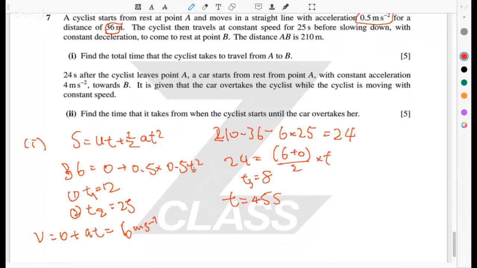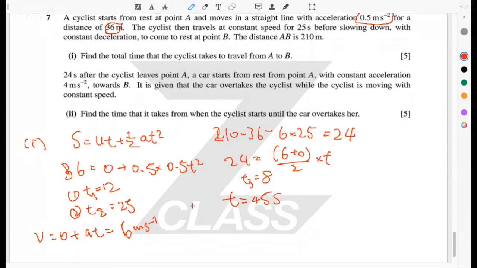So the time must be between 12 seconds and 37 seconds of the travel of the cyclist, when the speed is constant. Find the time that it takes from when the cyclist starts until the car overtakes her.